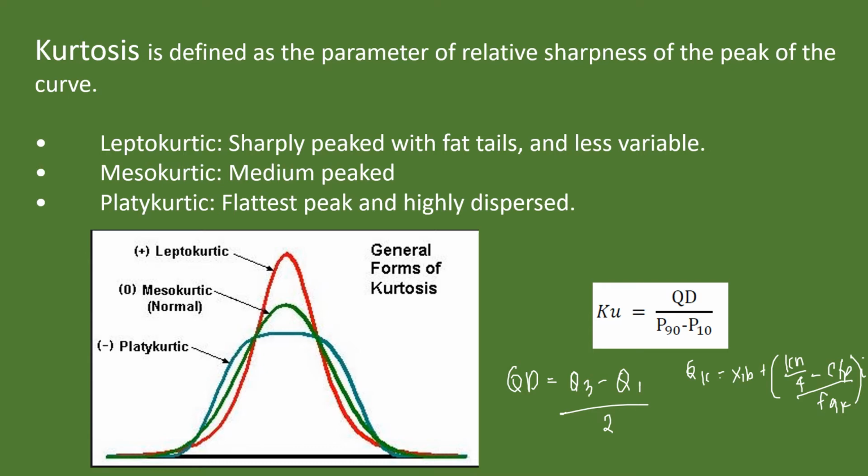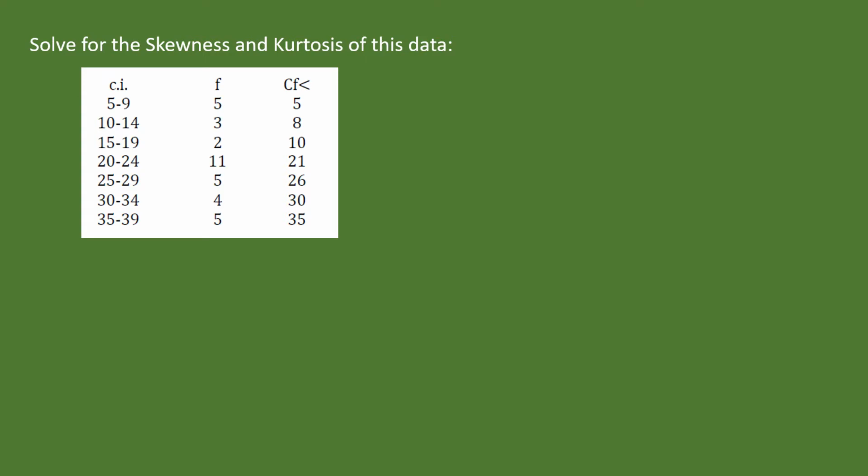Okay, so let us concretize our learning by doing an example. Let us solve for the skewness and kurtosis of this data. In order for us to solve for the skewness, I will write here the formula. Skewness is P90 minus 2P50 plus P10, all over P90 minus P10.